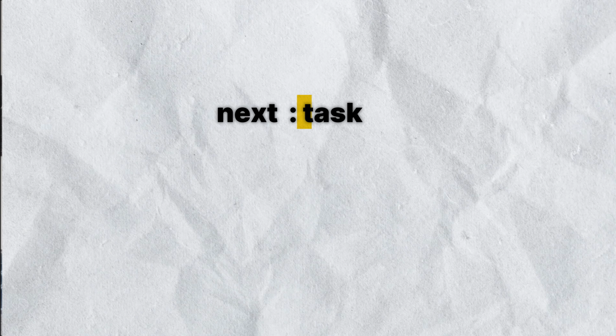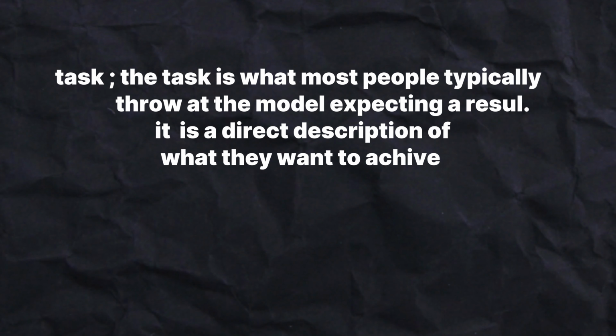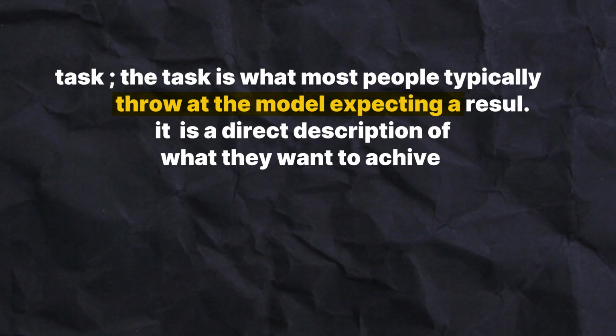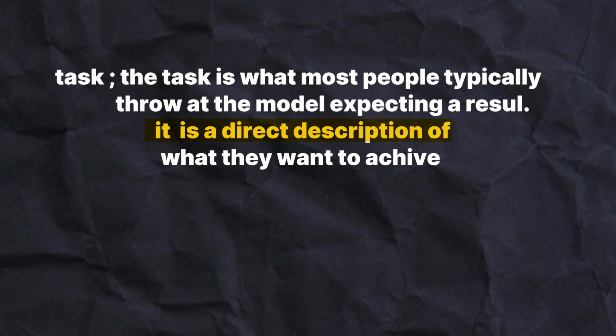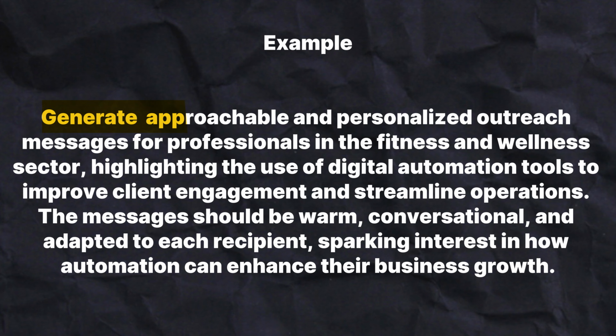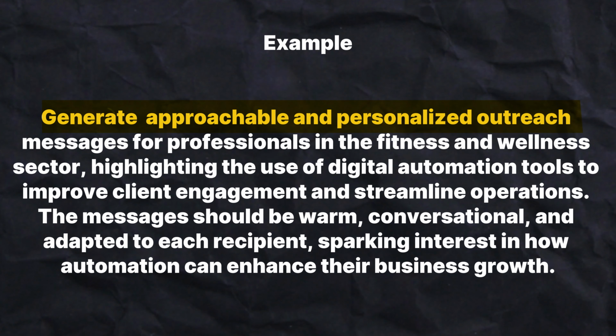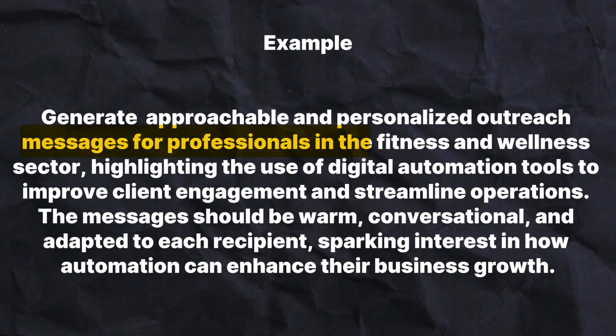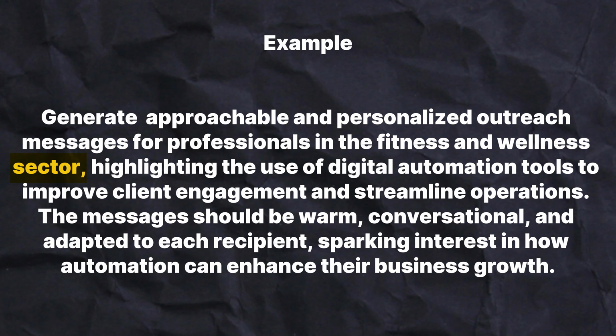The next one is task. The task is what most people typically throw at the model, expecting a result: a direct description of what they want to achieve. Basically, nowadays, most people just put the task straight into ChatGPT. They just tell it what they need it to do. An example would be: generate approachable and personalized outreach messages for professionals in the fitness and wellness sector.